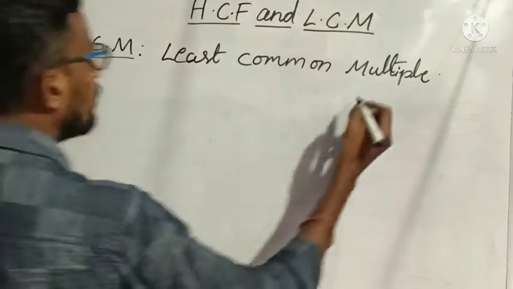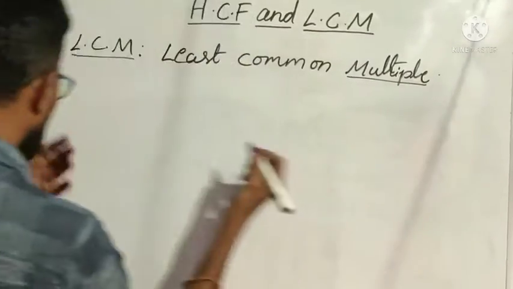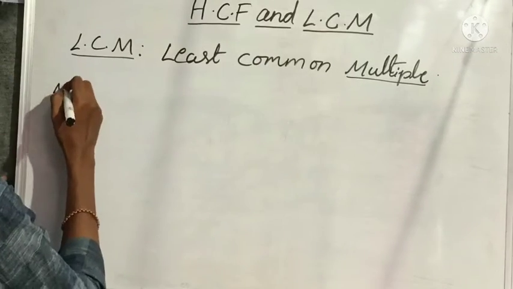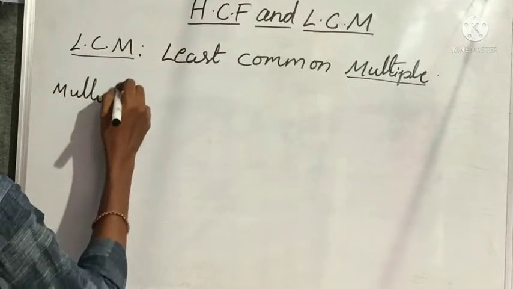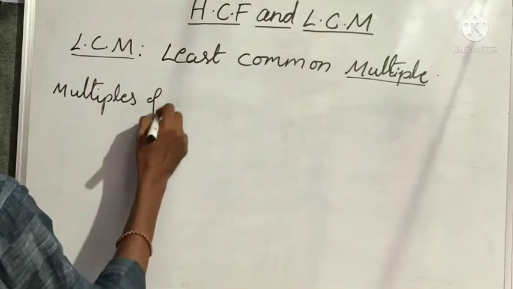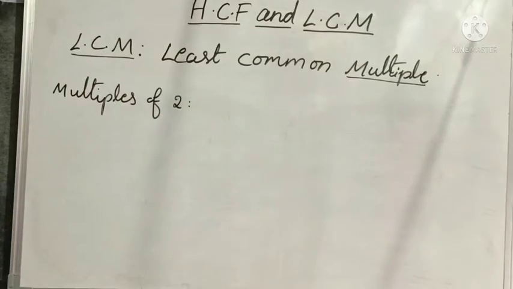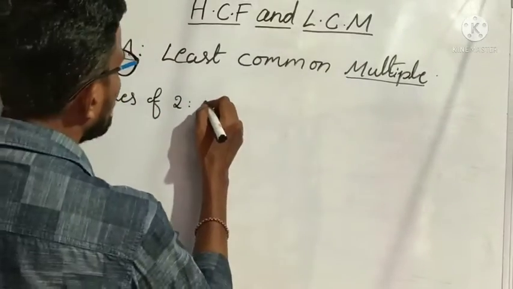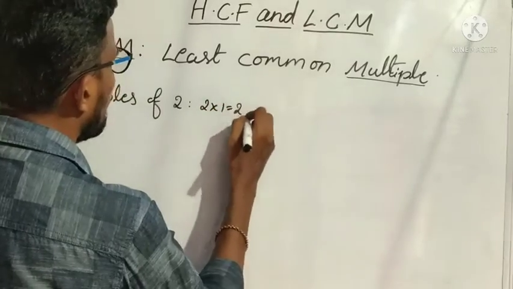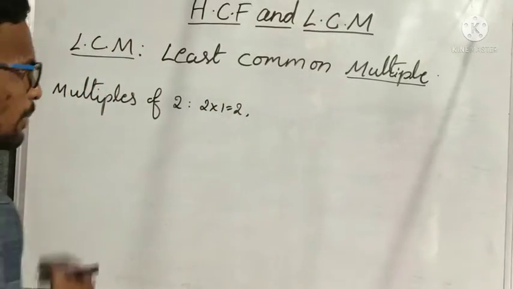Before going to find out least common multiple, let us know what multiples are first. First let us know what are multiples of 2. Whenever we multiply 2 with some natural number, whatever number we get becomes a multiple.